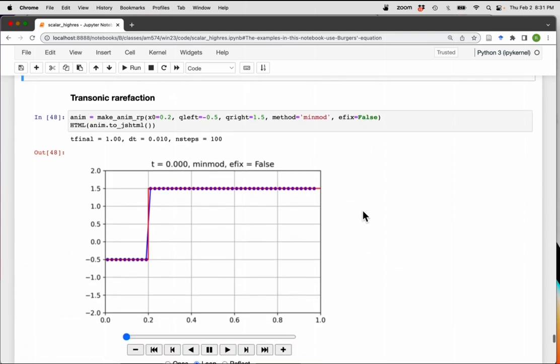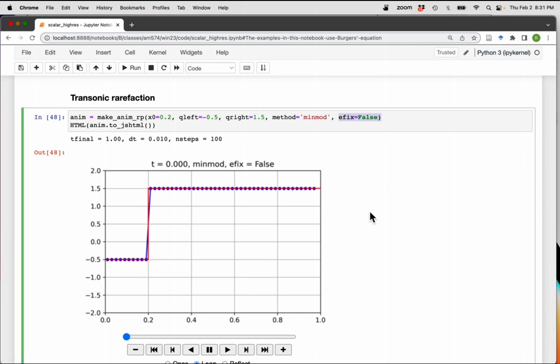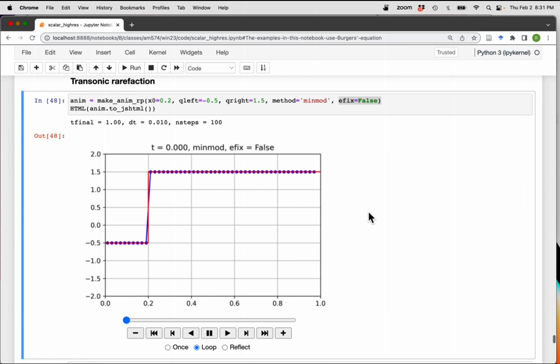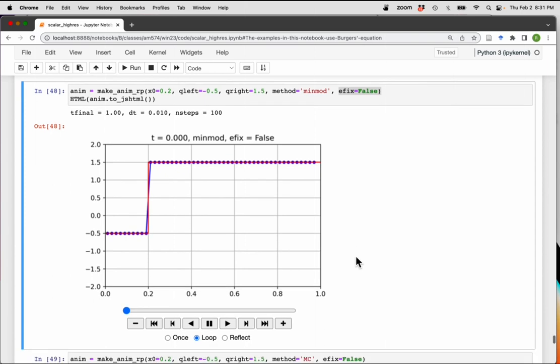But finally, let's take a look at the transonic rarefaction case. So this is the same problem we looked at before, but now with the min-mod method. And to start with, without any entropy fix, just to see whether adding in these second order corrections alone is enough to fix up our entropy violating shock that showed up in the other solution.